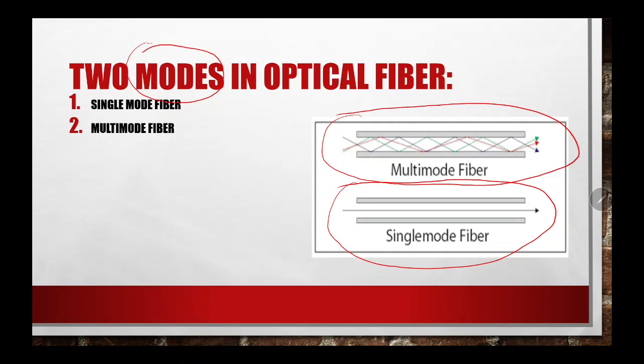How many path? Now, paano natin aalamin yung number of modes or number of paths na dadaanan ng light sa loob ng fiber? So, you can use this formula, which is yung N is the number of modes, or path.